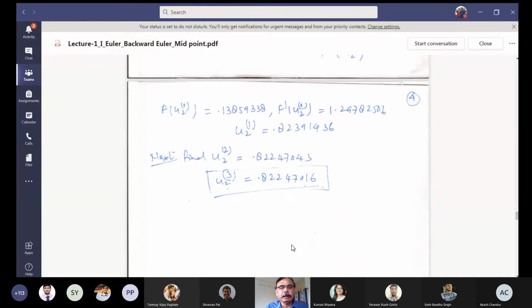So I have U22 is 0.8224, and U23 is also 0.8224. So we can stop at this stage. You require up to only U2 because you have to solve over 0 to 0.4. If you have to solve for a larger interval, accordingly the other values have to be calculated. Is this clear to everybody?